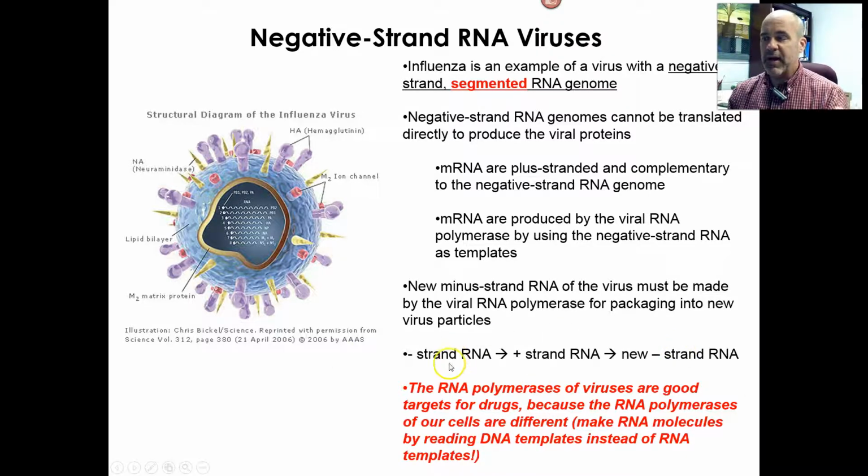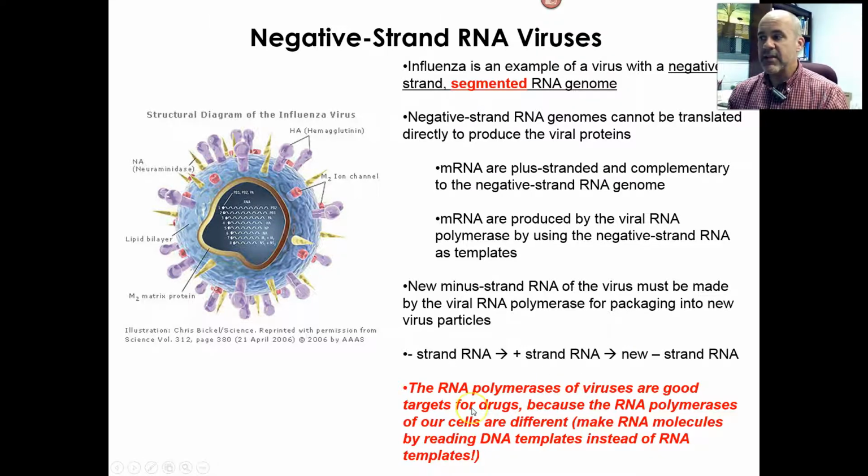Remember we also talked about how if you're an RNA virus and you're making new complementary RNAs from an RNA template by reading an RNA template, that's something that these kinds of viruses do that our cells don't do. And so they have their own special RNA polymerase enzymes that do that.